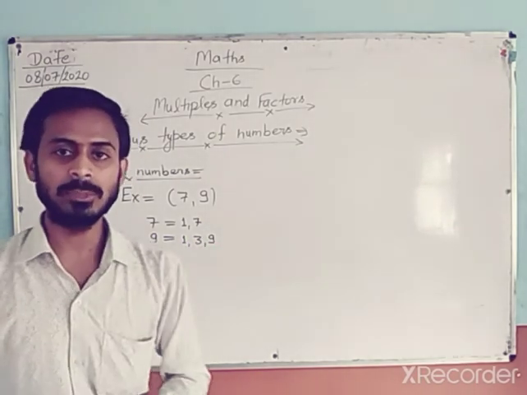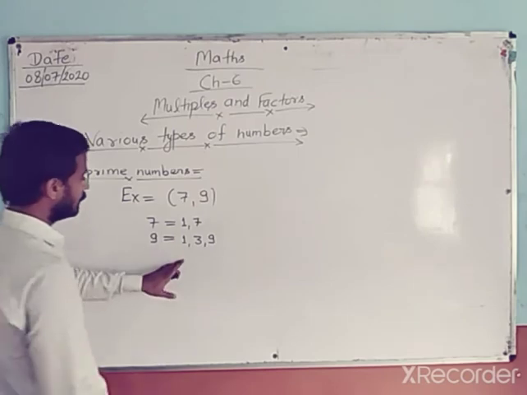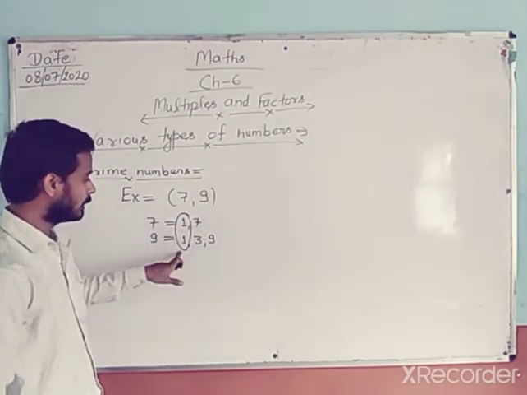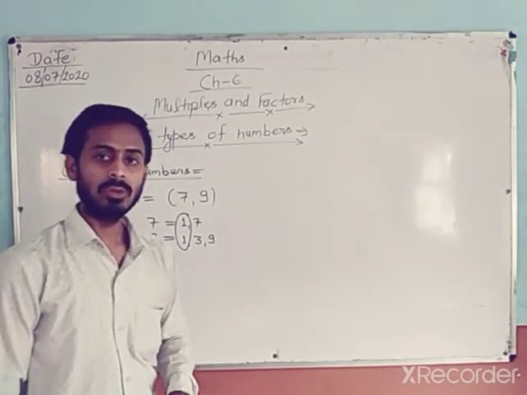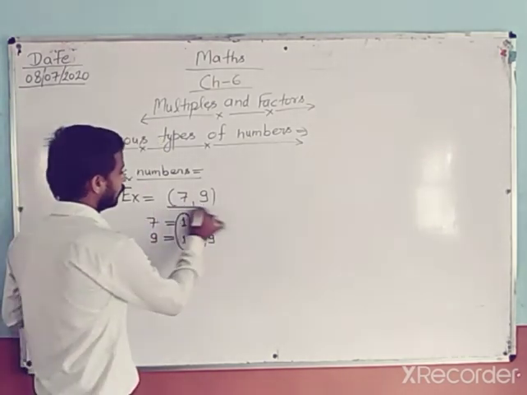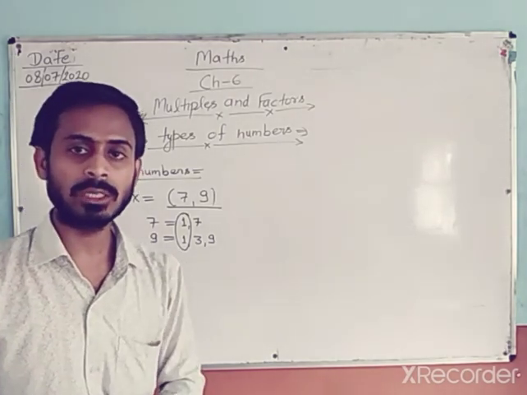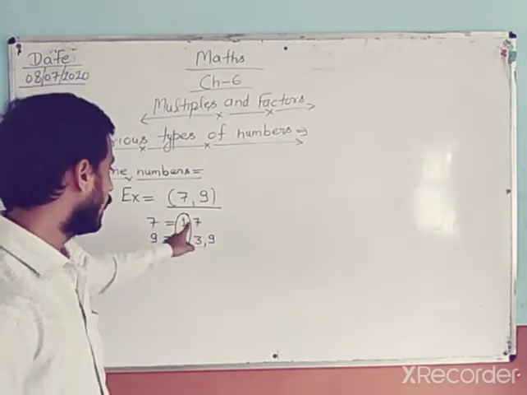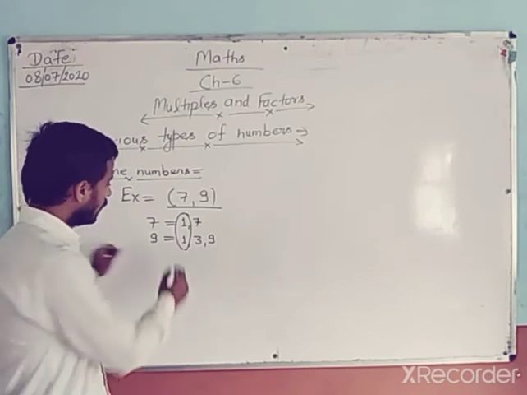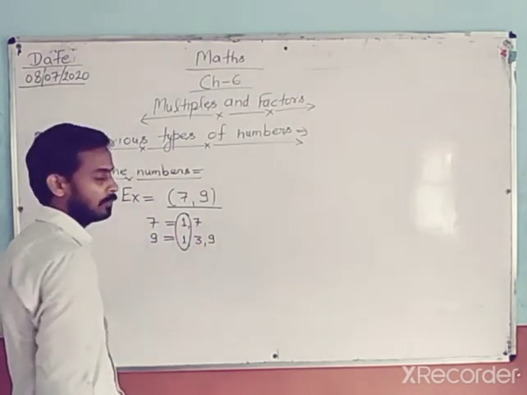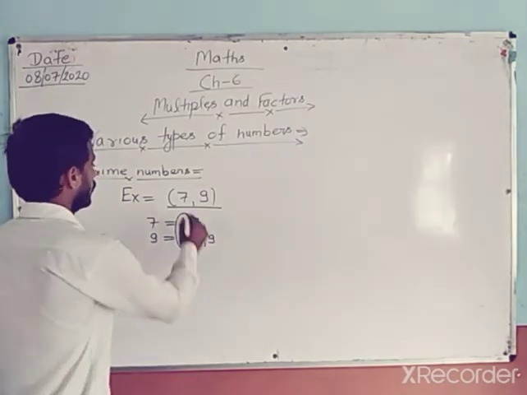Now a common factor means a number which is common between these two lists of factors. So you can see only 1 is common. So 7 and 9 together are co-prime numbers because they do not have a common factor other than 1. It means they have only one common factor, that is 1, not any other. That is why they are co-prime numbers.